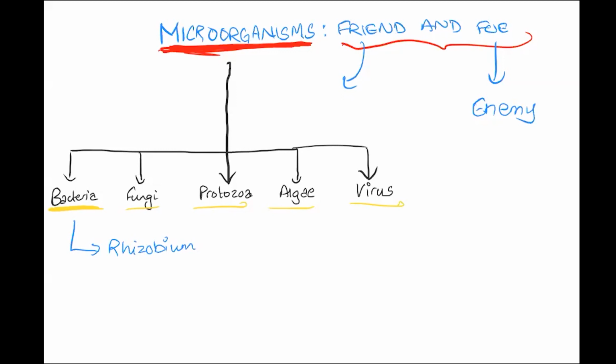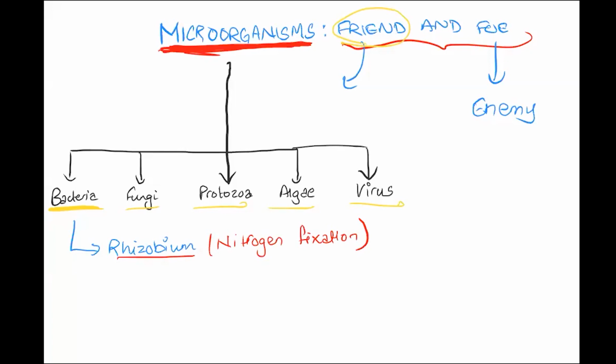Yeah, they help in nitrogen fixation, and as they help in nitrogen fixation, they help the plants to grow, and as they help the plants to grow, therefore they help human beings. So rhizobium can be considered a friend, right? Yes, sir.